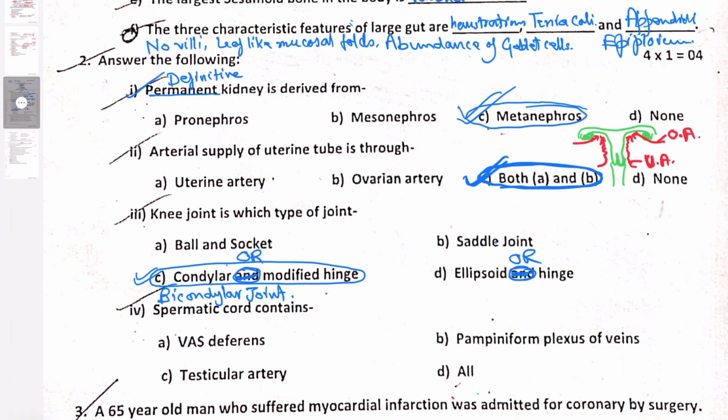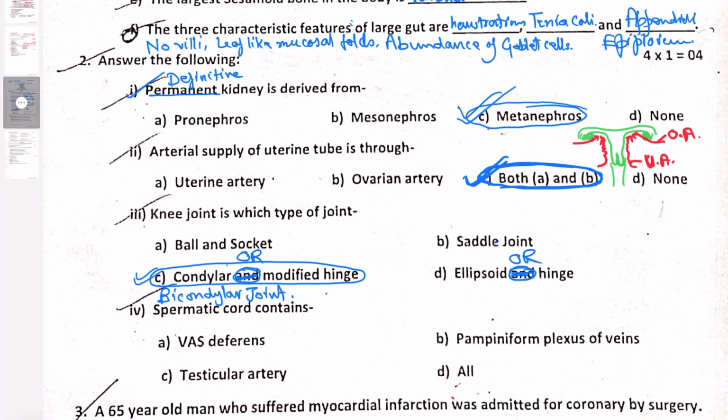How can a joint be classified into two categories of the same varieties of the synovial joint? And there is no such modification of hinge. Hinge means movements are permissible only in a single plane, flexion and extension only.